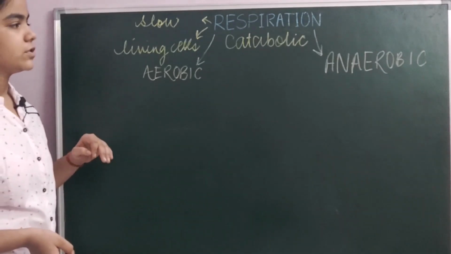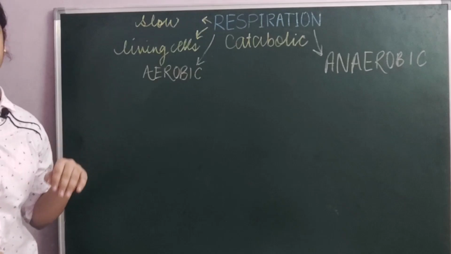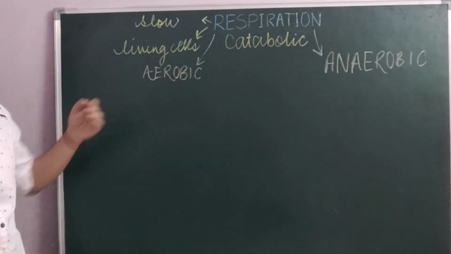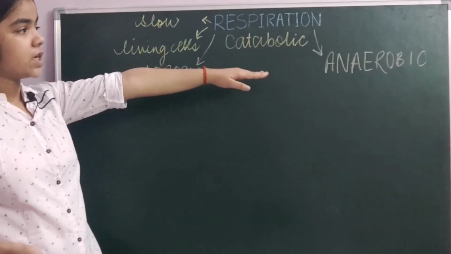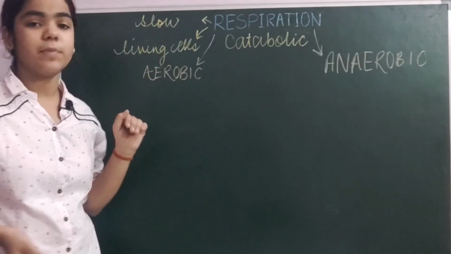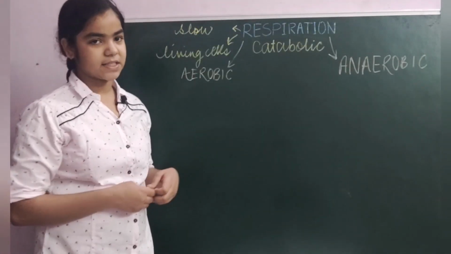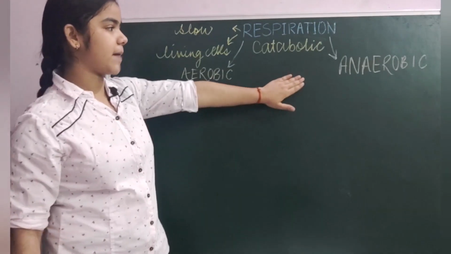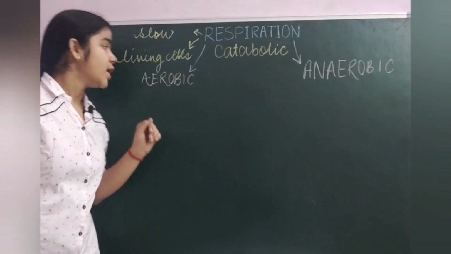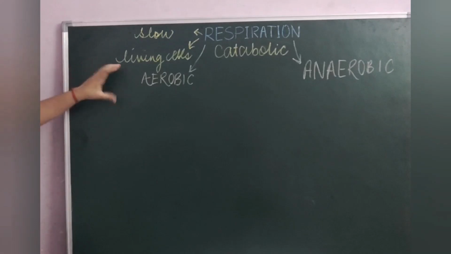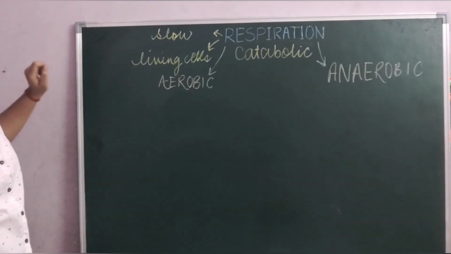So for those who do not respire using oxygen, they respire using this process, that is anaerobic respiration. Tiny creatures like bacteria and yeast respire anaerobically. Even some plants do, and the other creatures respire aerobically.